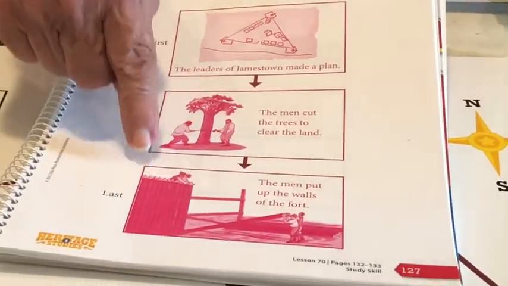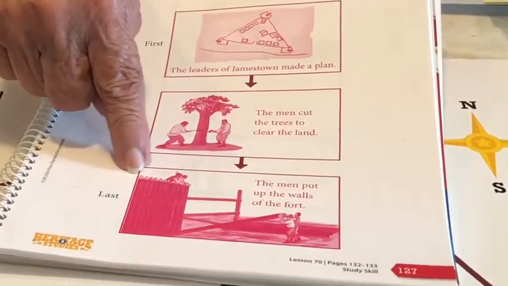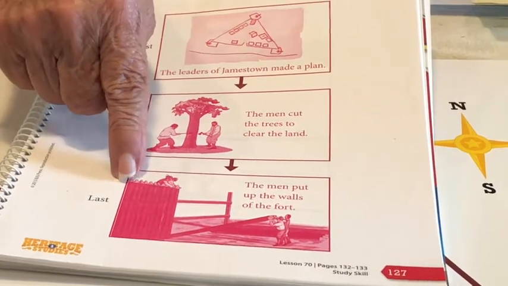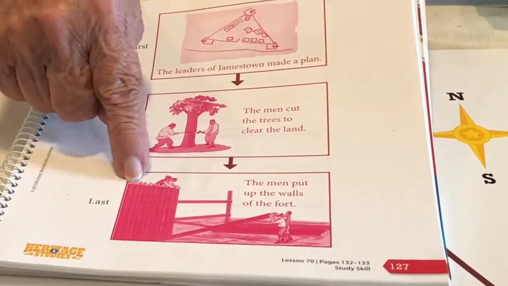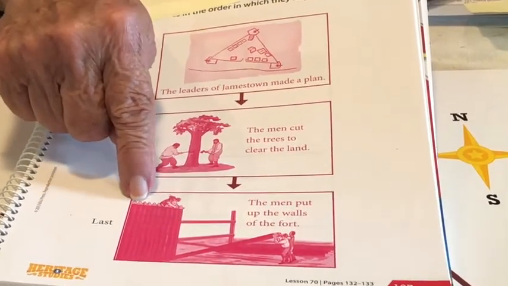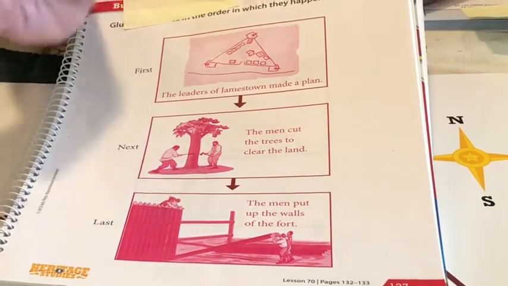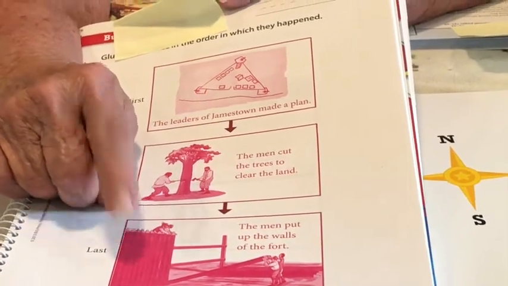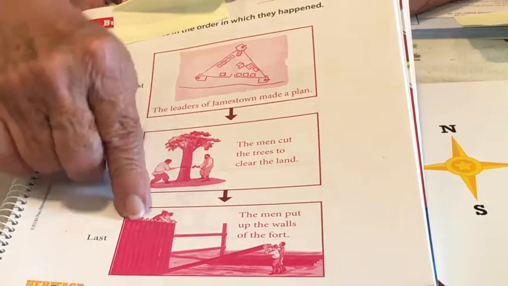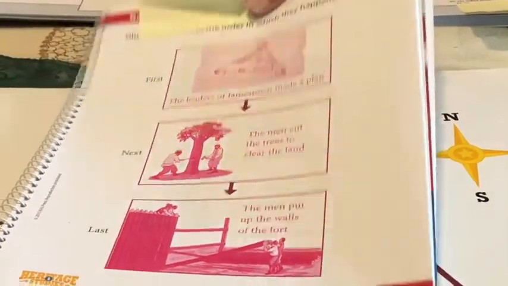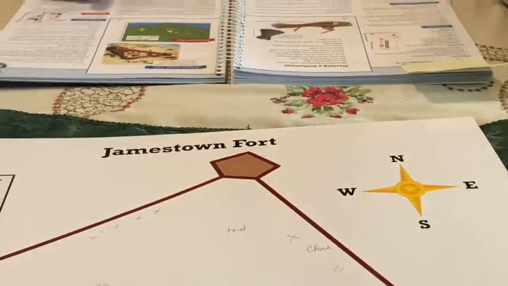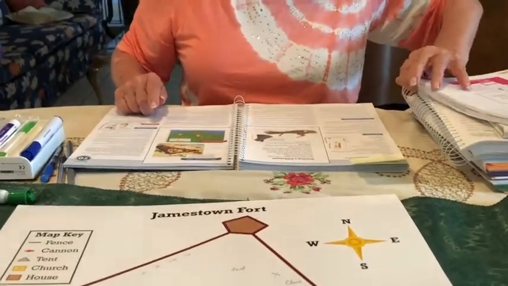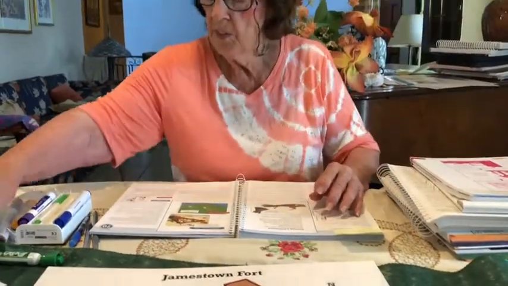The way the trees are set up, and points from the one end of the tree have been made so that in case they were being attacked and the Indians or whoever it was would climb over, those pointed parts of the wall would injure them, okay? So that's very much the way Daniel Boone's fort looked like when we read that story. Okay, we're going to look at this fort, and we're going to see how it started to get built.